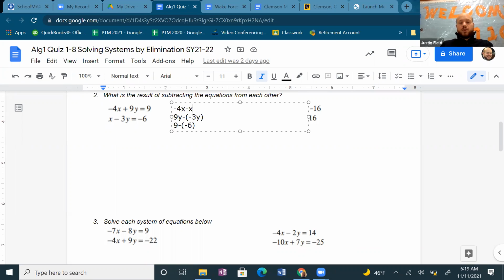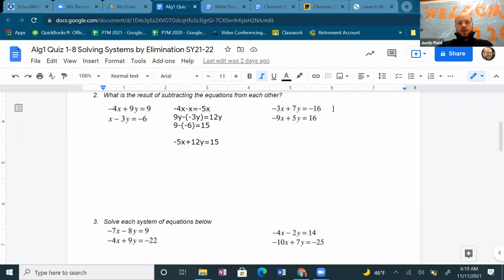That's what it looks like when we subtract the equations from each other. So negative 5x, 9 minus, that's 12y, and that's plus, that's going to be 15. Should have said negative 5x, 12y equals 15.